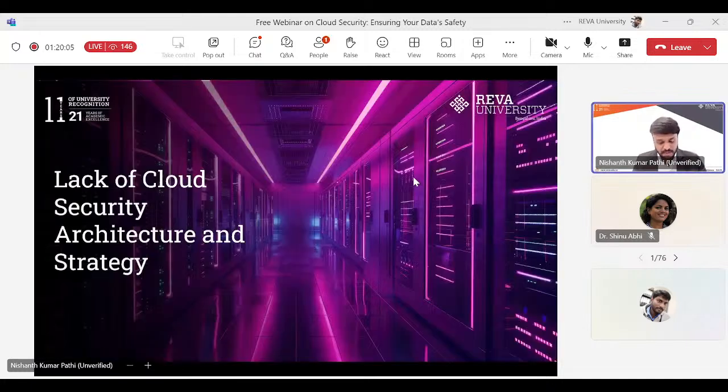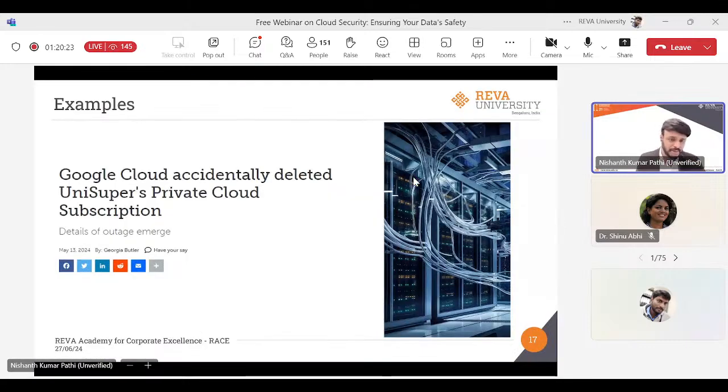And all the last 3 were typically technology issues, but there are always issues with the lack of cloud security architectures. That means the strategy that the organization has taken may not be good. I'll take one example here, which just happened recently, in 2024.